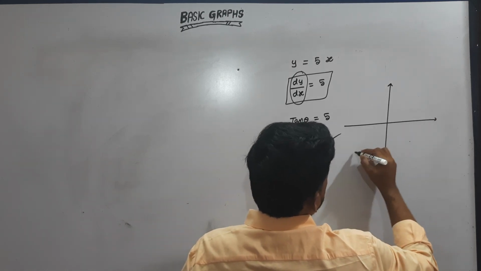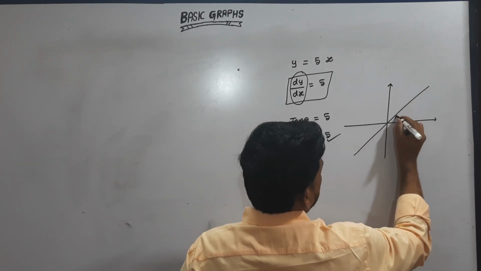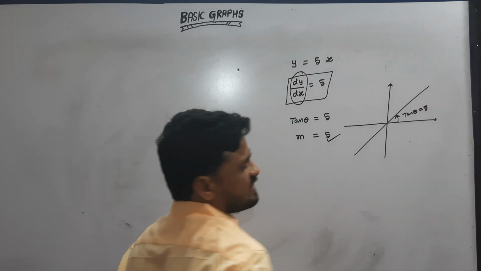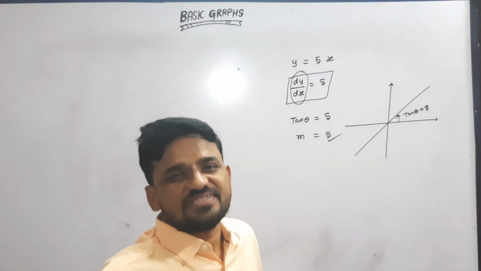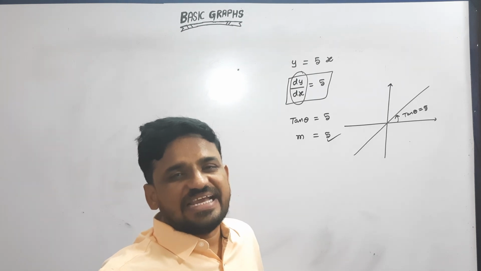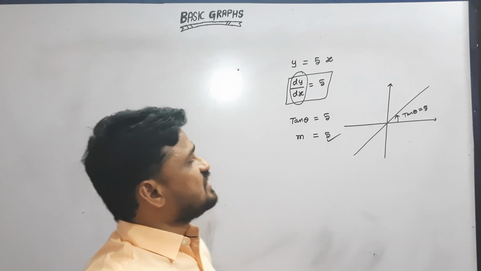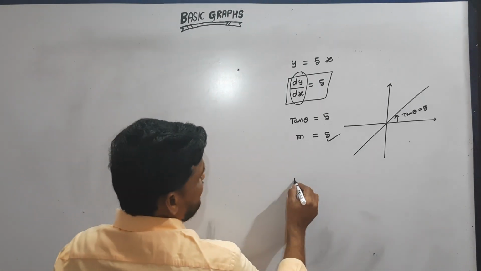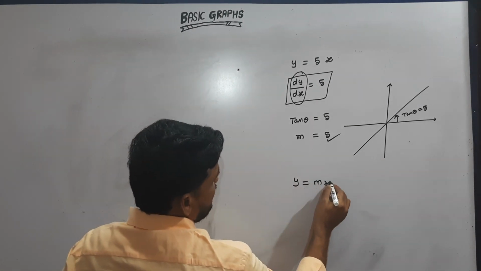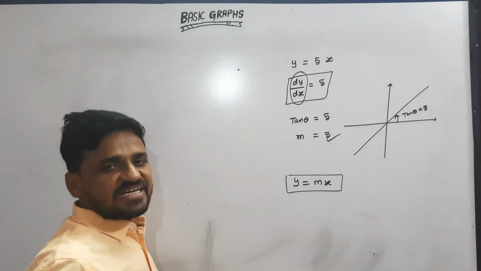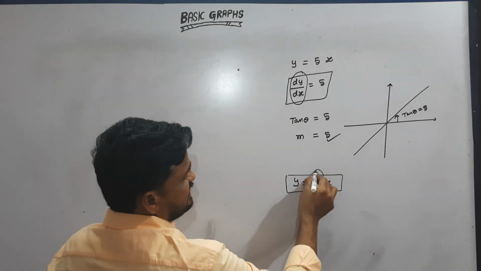So the graph is a straight line. Here the slope is tan theta equal to 5. Tan theta value is 5, so theta equals tan inverse of 5. So the simplest straight line equation is y equal mx. If the equation is y equal mx, that is a straight line equation.